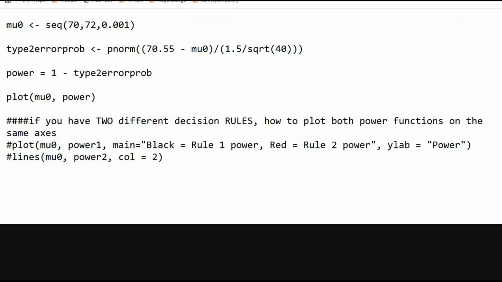The type 2 error, which is the opposite of this, right? That's why you have to listen to context. You accept when it's the opposite of this.